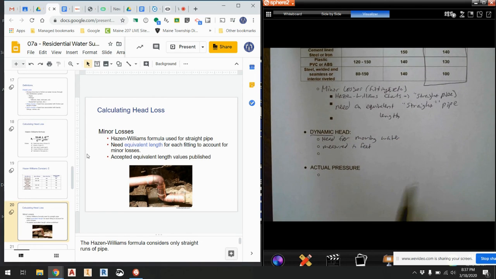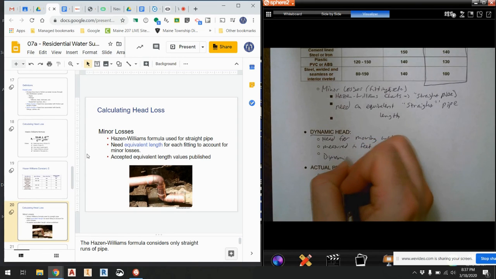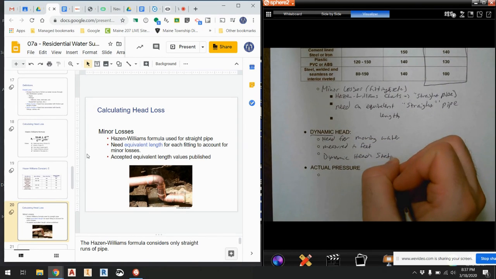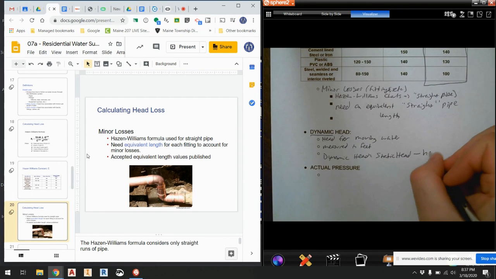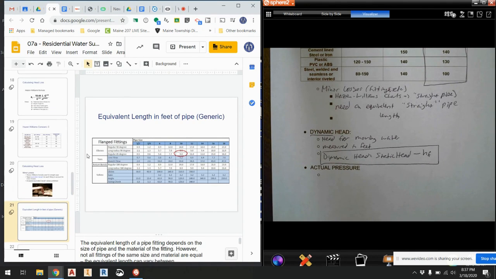And very simply, the dynamic head is equal to the static head, which again is water not moving, minus head loss. All right, so however much head you started with, the static head, minus the amount of energy you lost due to the friction in the pipes. Okay? All right.